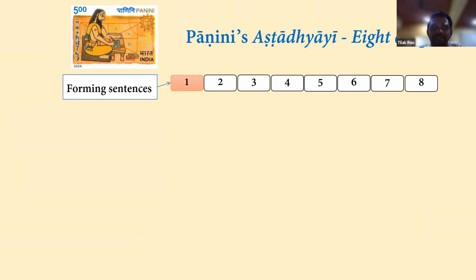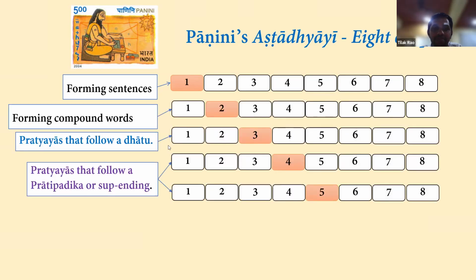The next level is pada, words. There can be compound words or separate words. The rules related to forming compound words we will find in the second chapter.